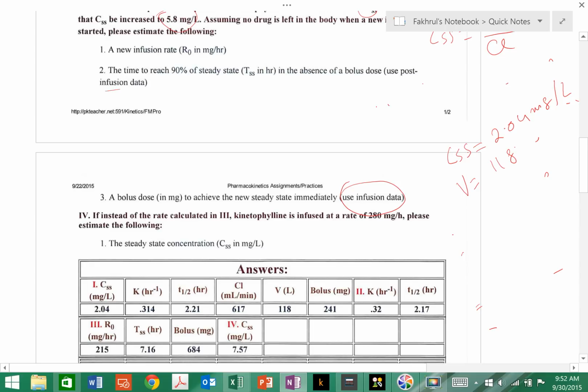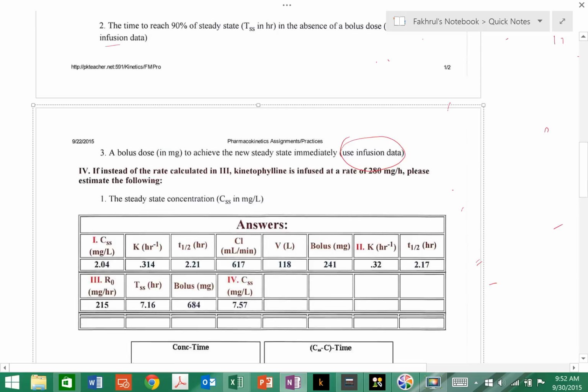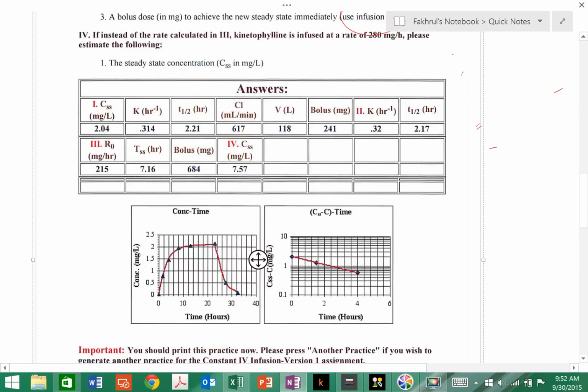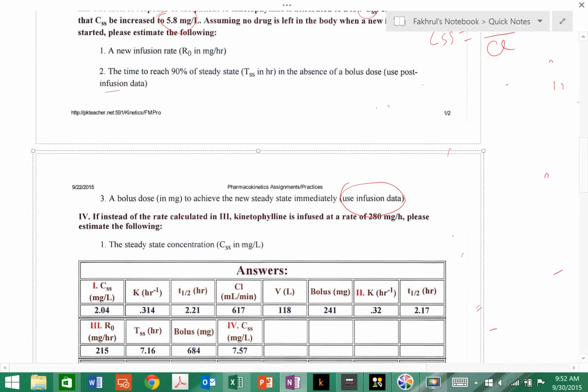Maybe I'm making some mistake. I'll make that correction later and send that to you. If you have any question or suggestion, just let me know. I will find out what mistake I'm making here and post that part only. Thank you. I hope this helps.